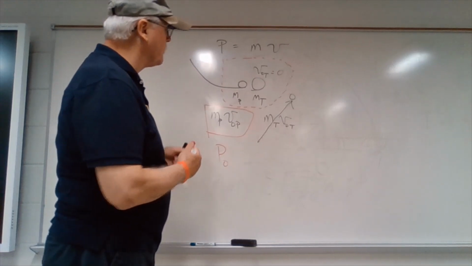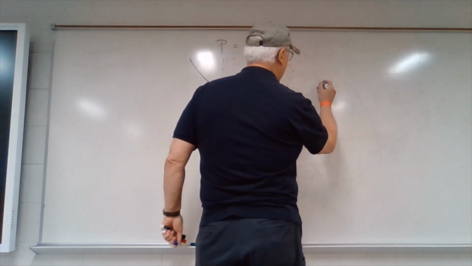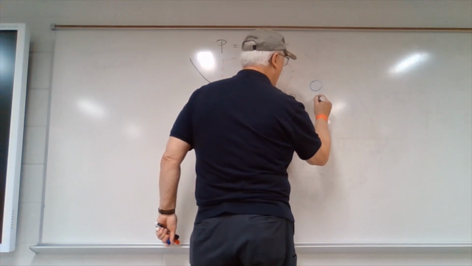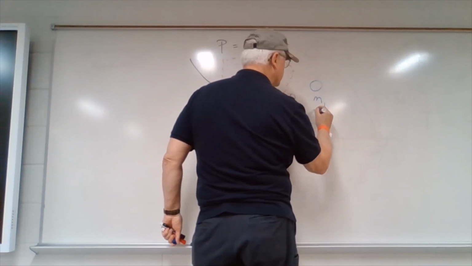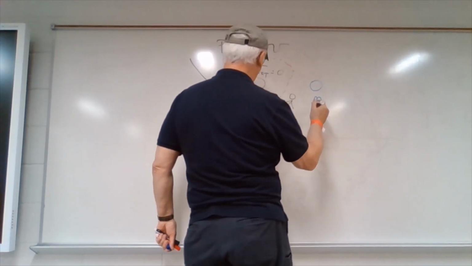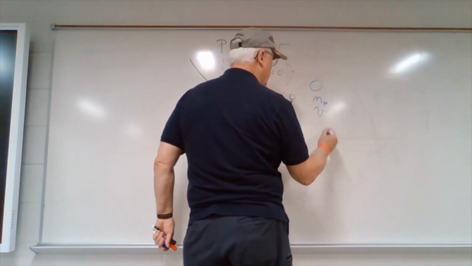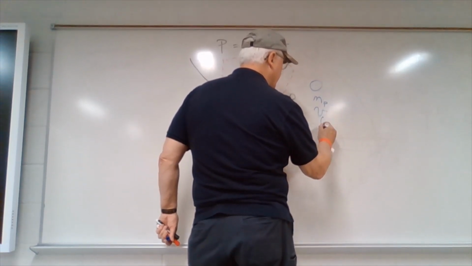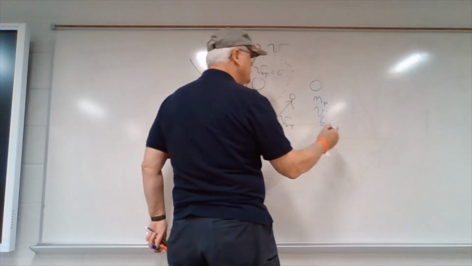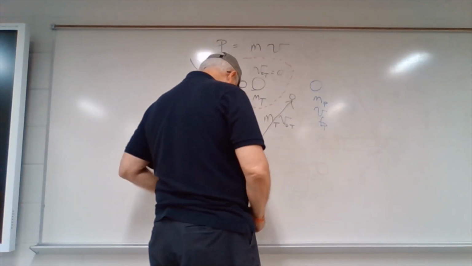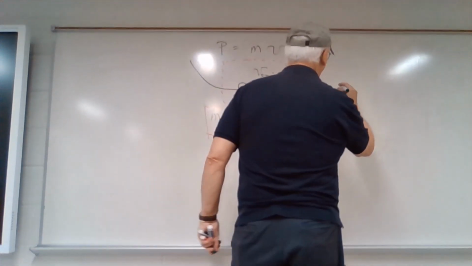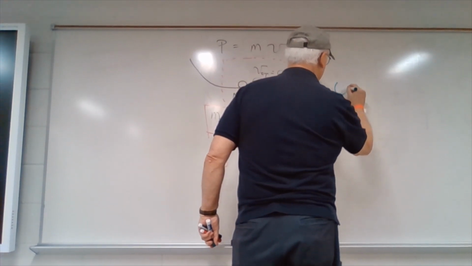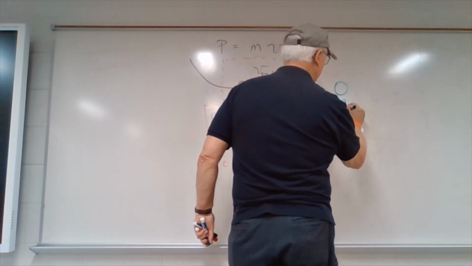Post-collision is going to look something like this. M1 is going to have some M projectile. It's going to have some V final projectile, and M target, which has now been struck, is going to have some M target.